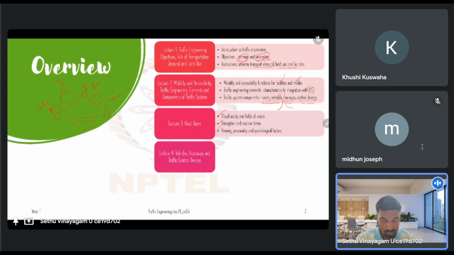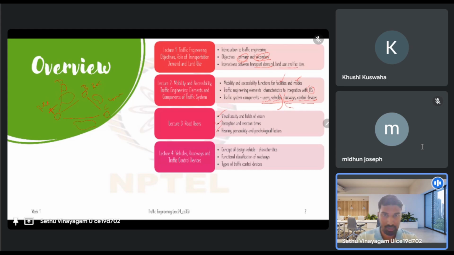In the fourth lecture, we were looking at the other components, which are the vehicles, roadways, and the traffic control devices. Similar to road users, the characteristics of the vehicles will also vary, right? Why? Because we have different varieties of vehicles. The dimension of the vehicle, the weight of the vehicle, all these vary, as do the acceleration and deceleration characteristics. There is a wide range of values that these vehicles show.